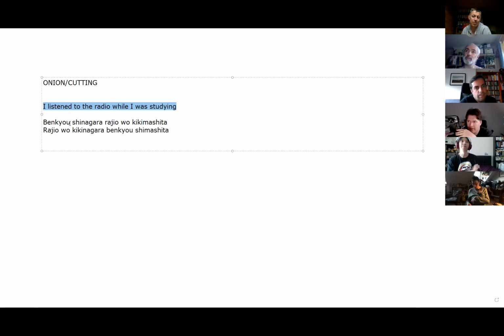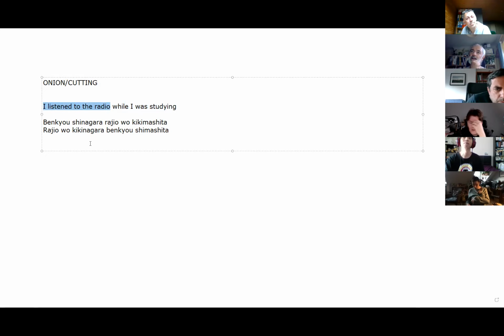Yeah, you could think of it this way: this is the one that starts first, finishes afterwards, and this happened in between. You could imply that, couldn't you? Yeah. Actually, with nagara, and in fact even in English, you could imply that, but you could also not imply that. Both could be fine.